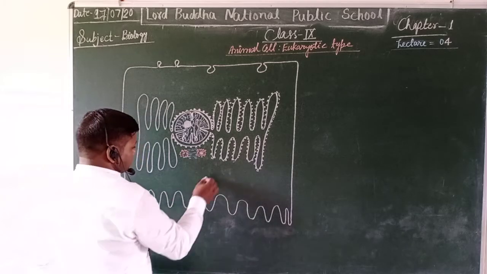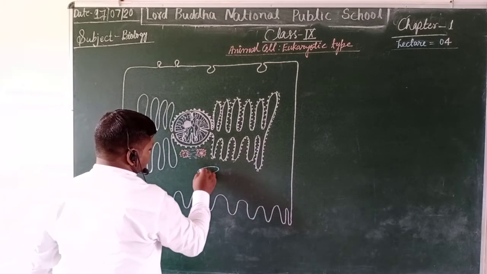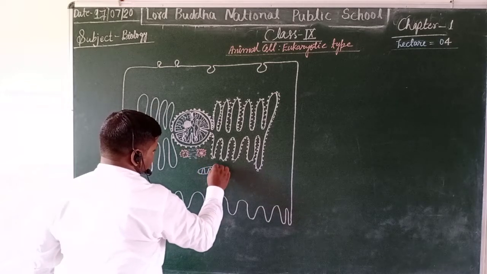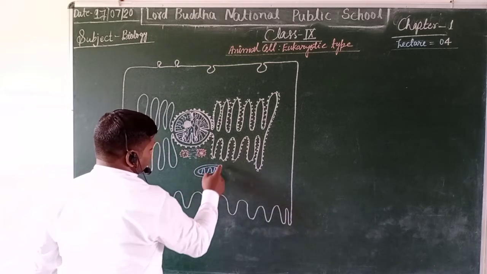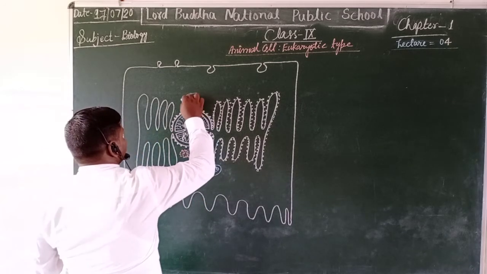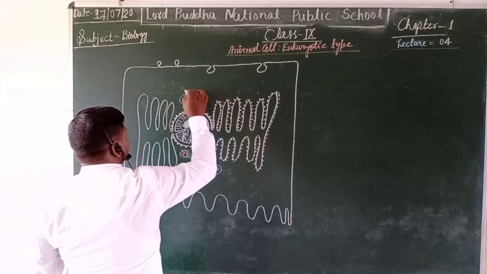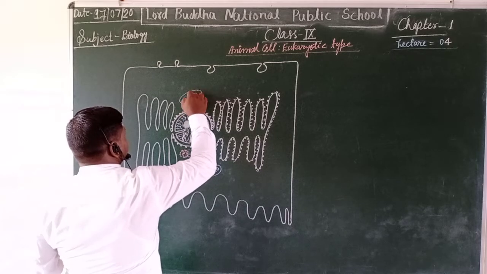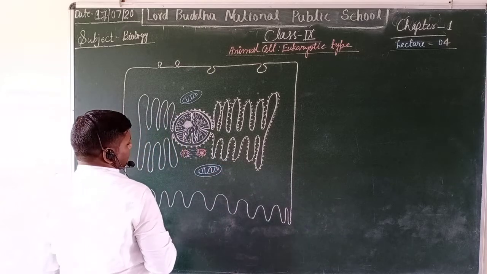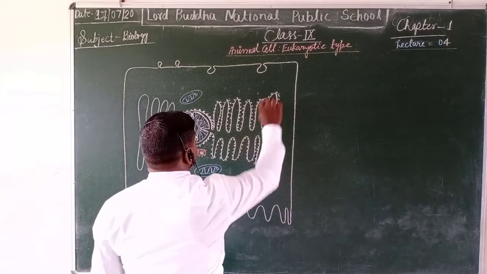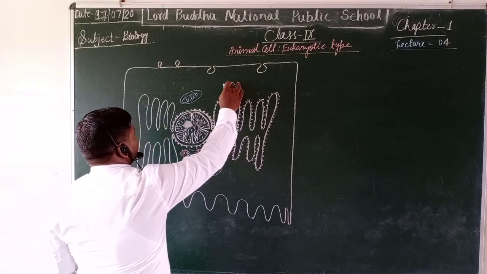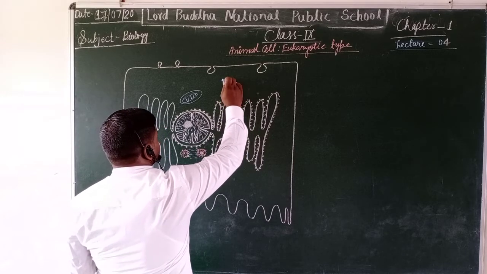Now, numerous mitochondria are present in the animal cell, comparatively more than in the plant cell. Lysosome.